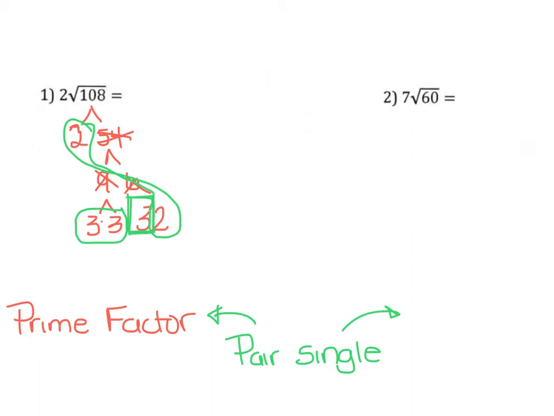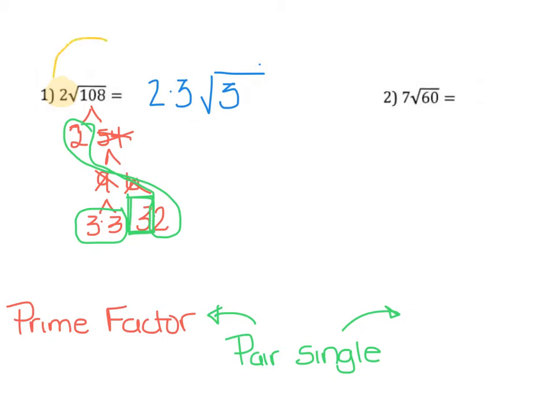Okay, so now we're going to do what we decided to do. Here's our square root. So where's the pair going to go? The pair of 2s is going to go out here. The pair of 3s is going to go out here. And then the single 3 is going to stay inside. But wait a minute. We forgot that there was this lovely 2 here. We need to include that in our answer. Not the square root of 2, that's just a whole number 2. What am I talking about?